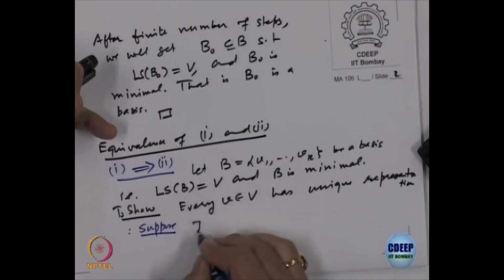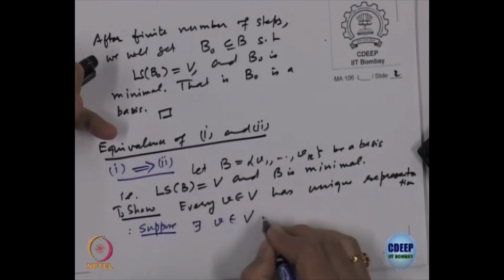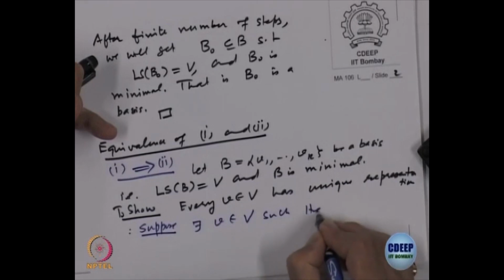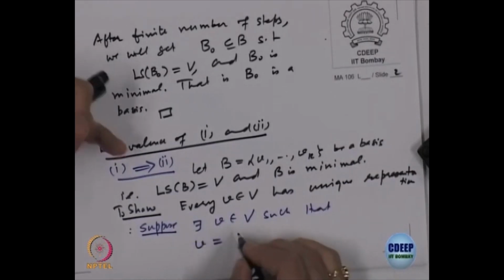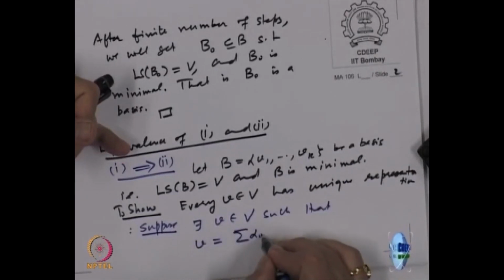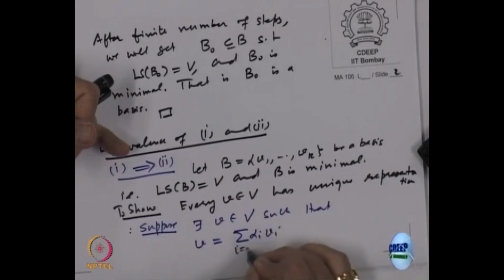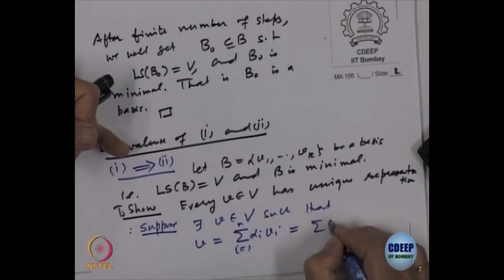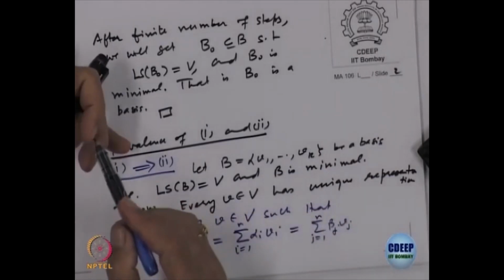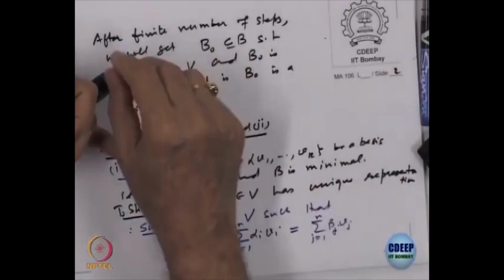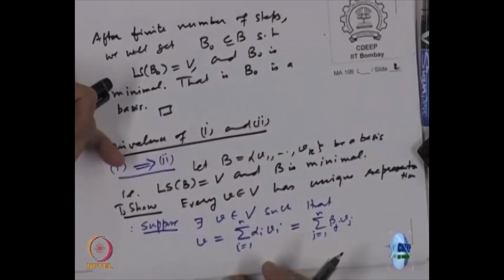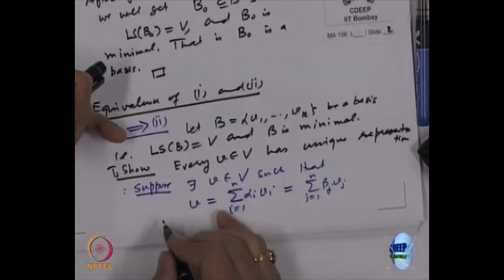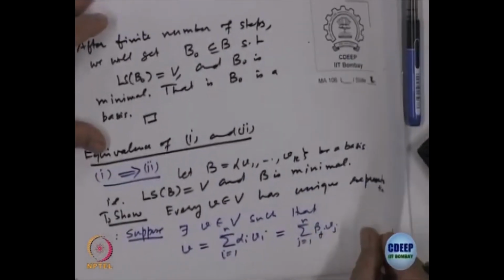So suppose there exists v belonging to V such that v is equal to the sum of alpha i vi, and also equal to some other scalars, the sum of beta j vj, j equal to 1 to n. So we are assuming there are two possible representations. So what is our aim to show?